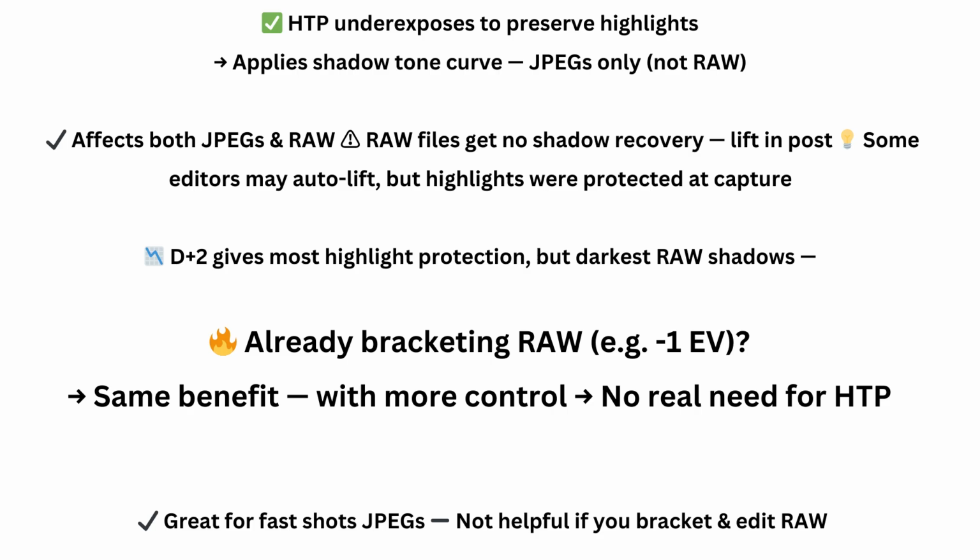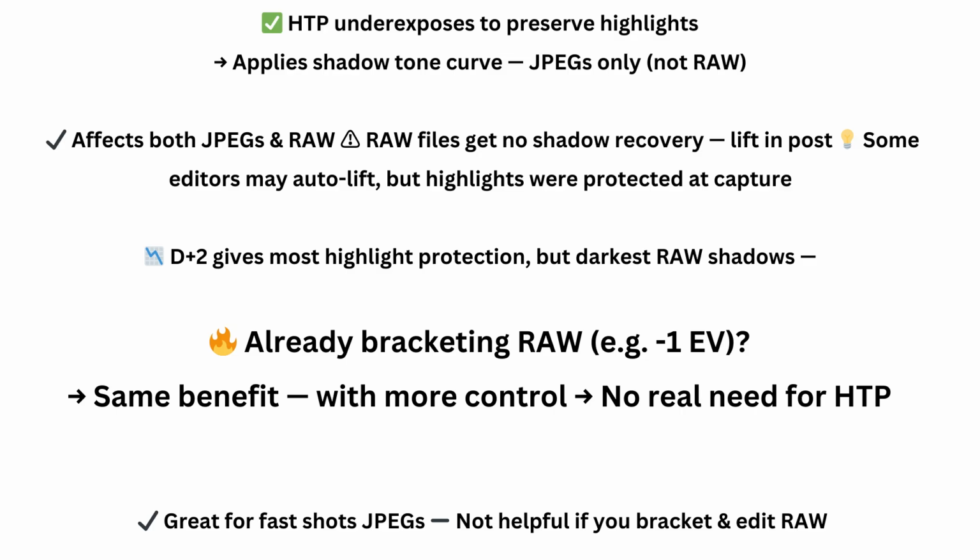If you're bracketing, it becomes redundant, because essentially what the HTP is doing with the RAW file is bringing the exposure down, say by a stop, and preserving the highlights, which if you're bracketing, you're probably doing anyhow, and indeed more. You're giving yourself even more choices. So, final verdict. If I was shooting fast in a situation where there were highlights, I'd think about switching this setting on.